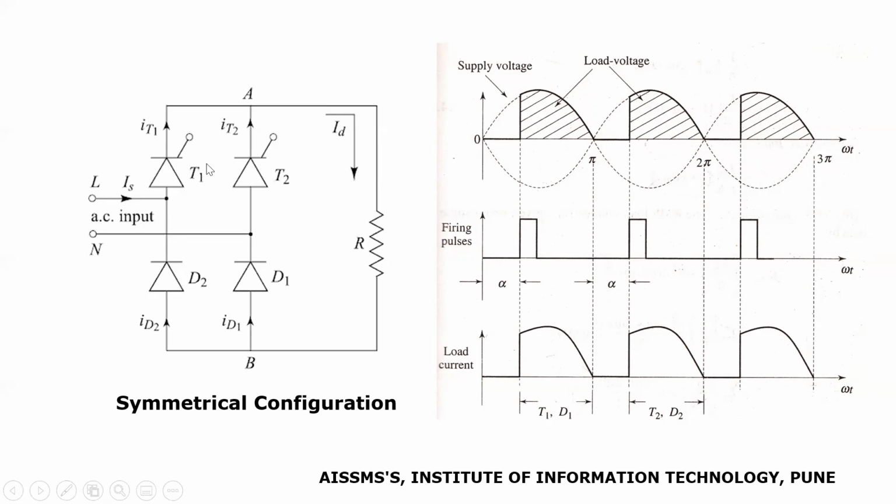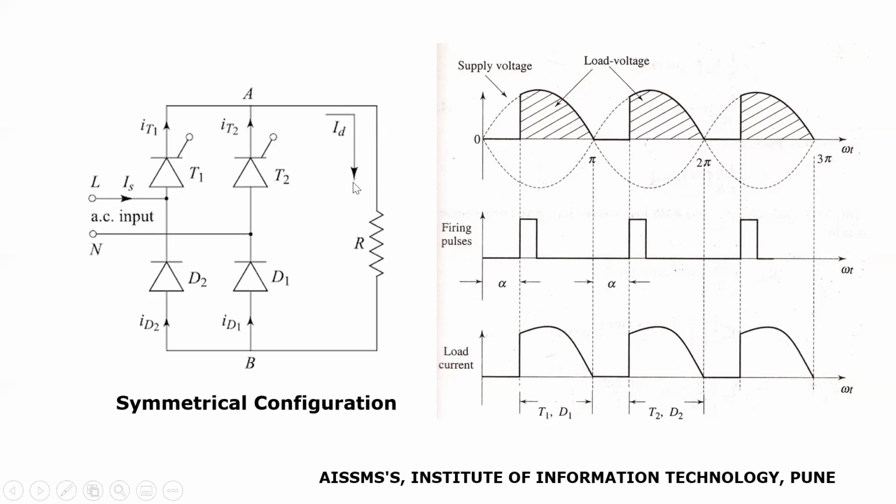So with this, T1 starts conducting and load will get connected to source through T1 and D1. So with this, current starts flowing from source through T1 or D1 back towards the source terminal. So the direction of the load current is shown here.